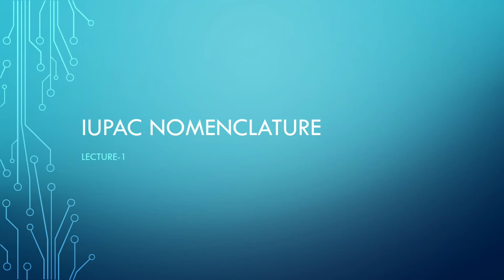If you don't know the name of a compound, you may suffer throughout organic chemistry, right? So this is very important from the point of view of organic chemistry as well as for JEE or NEET. Many questions don't come from IUPAC, but it is very important for understanding organic chemistry. So let's get started.